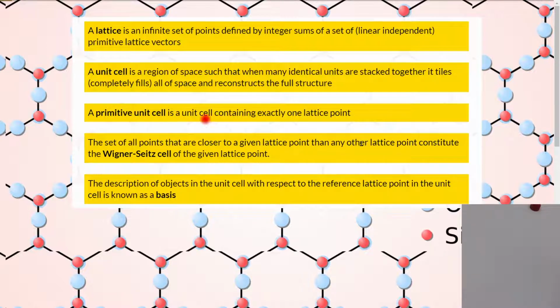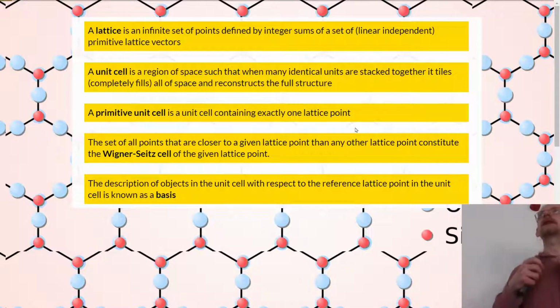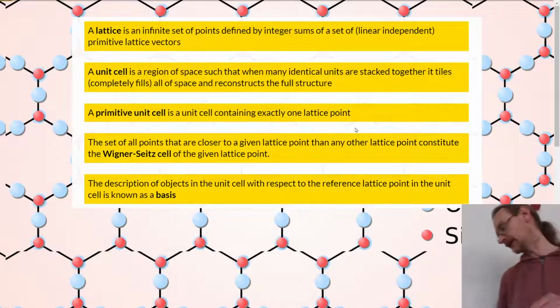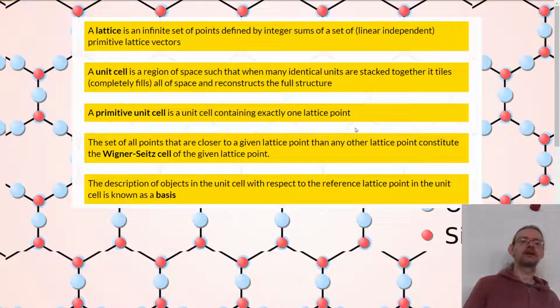A primitive unit cell is a unit cell that contains only a single lattice point. I mentioned yesterday, if you've got something that's on the corner or an edge, or I suppose a vertex or a face in 3D, you share the lattice point evenly.